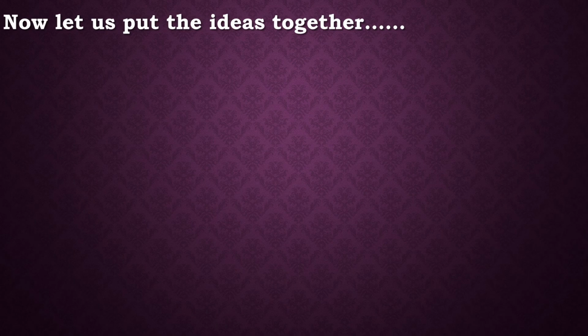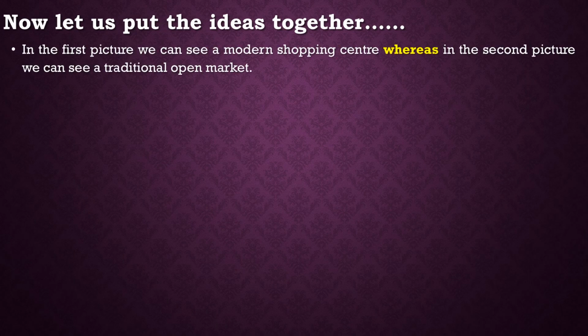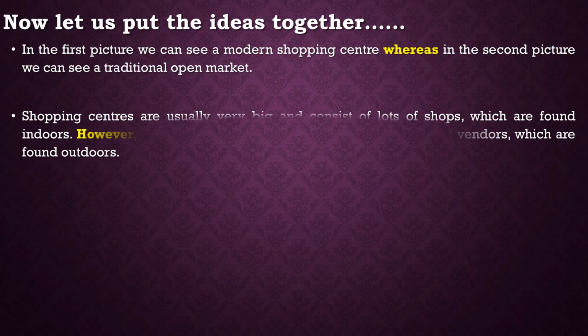Okay, now let us put the ideas together. We have seen both a shopping mall and an open air market. Taking into account the things we have seen between the two markets, let us see the similarities and differences. This is the very first one. In the first picture, we can see a modern shopping center, whereas in the second picture, we can see a traditional open market. Next one.